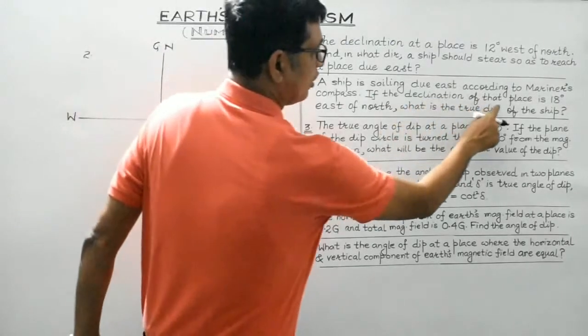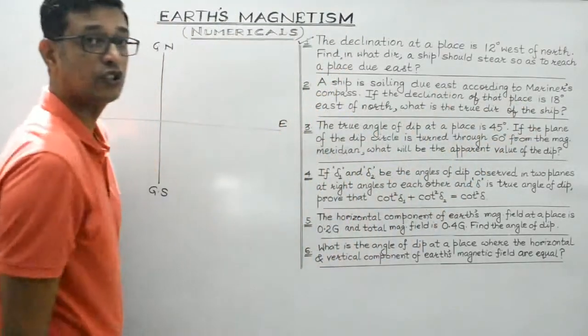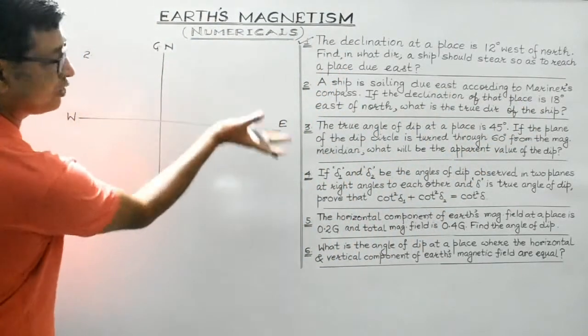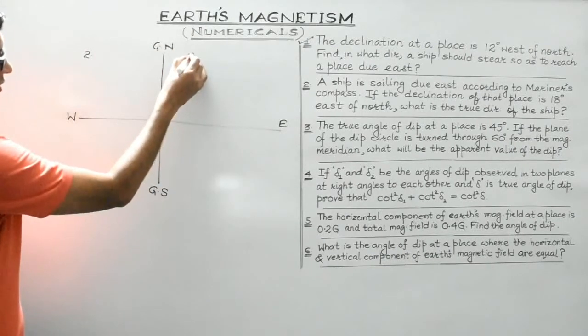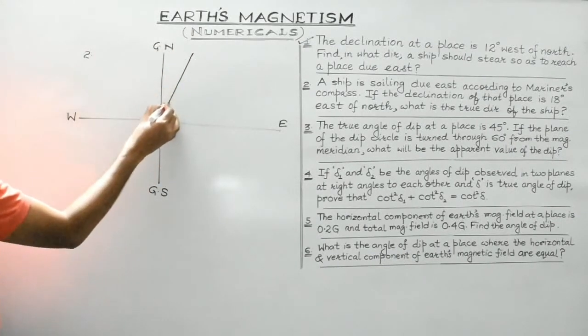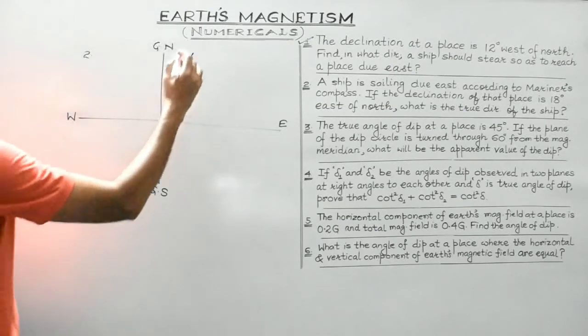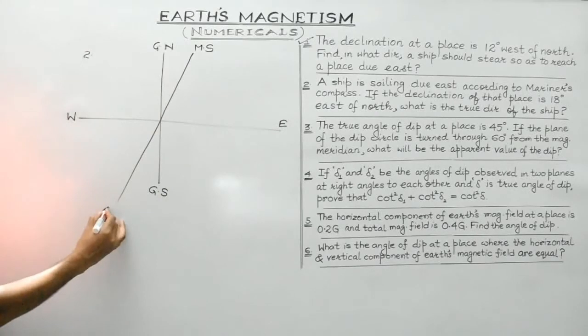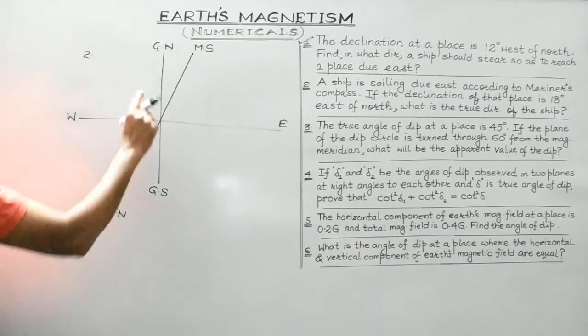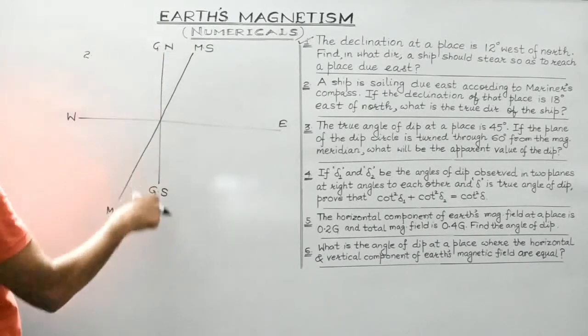Now the declination of that place is 18 degrees east of north. So it should be like this. This should be the magnetic axis. This is the magnetic south of Earth and this is the magnetic north of Earth.